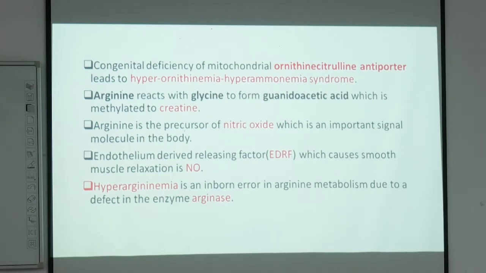So here when the antiporter is absent, we have this syndrome, hyperornithinemia, hyperammonemia syndrome. They are producing creatine. Arginine is the precursor of nitric oxide, which is a signal molecule in our body.